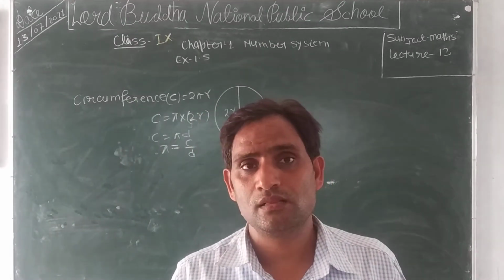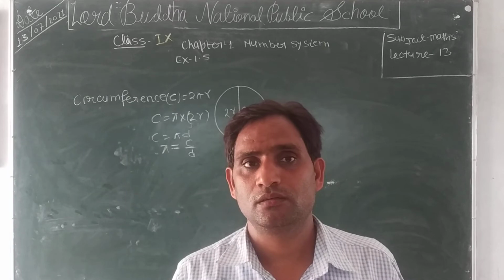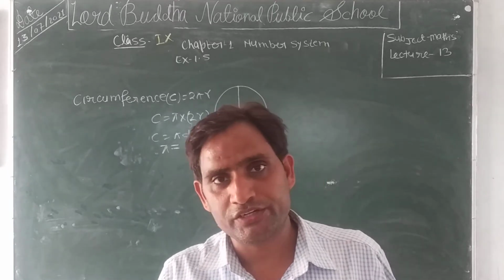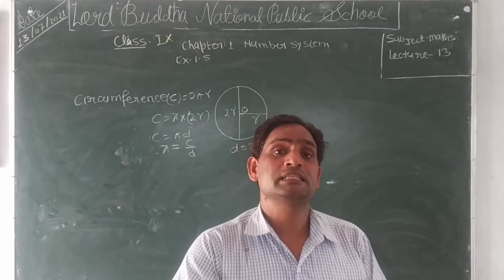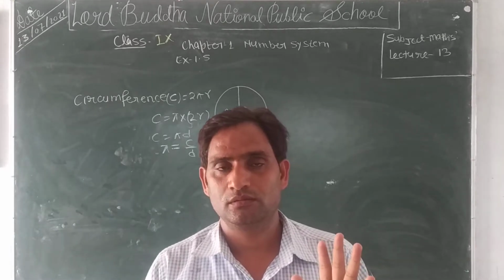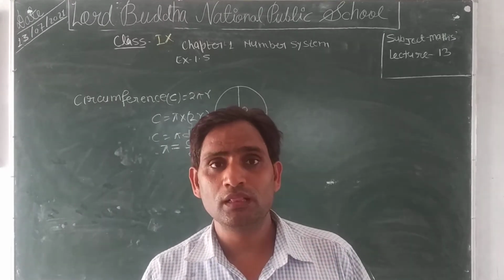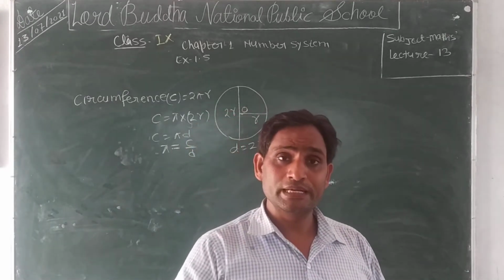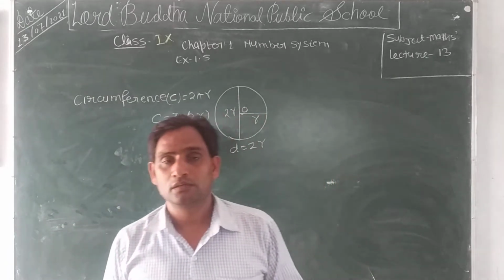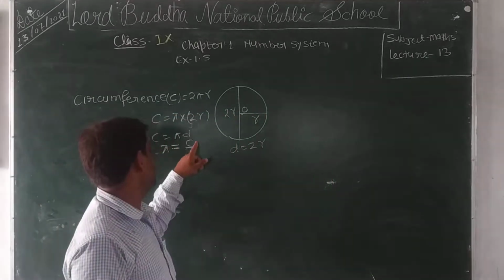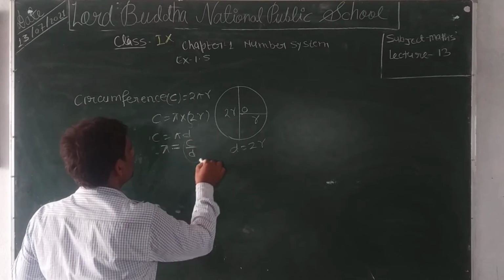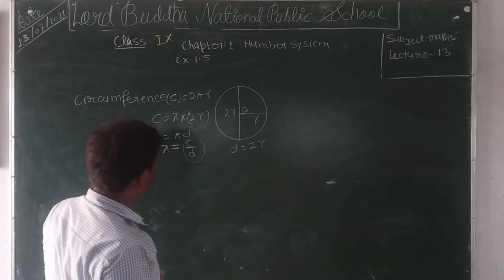Pi is rational here, but as we know, pi is an irrational number. So how will we prove that it is an irrational number, because here we see it in the form of P upon Q?